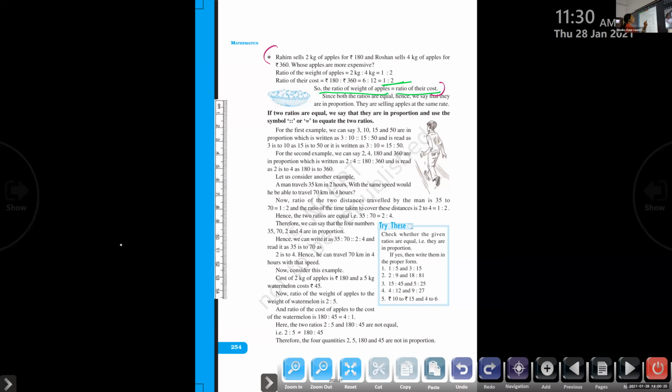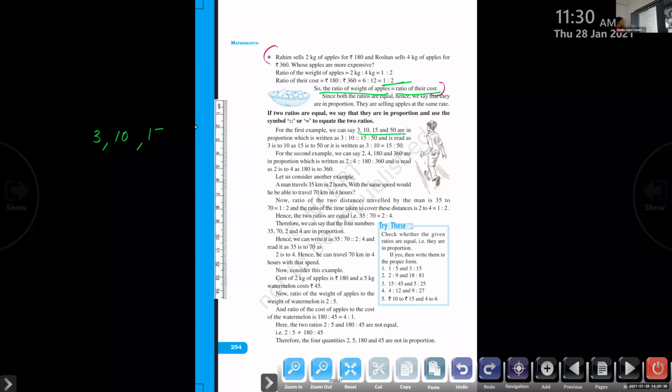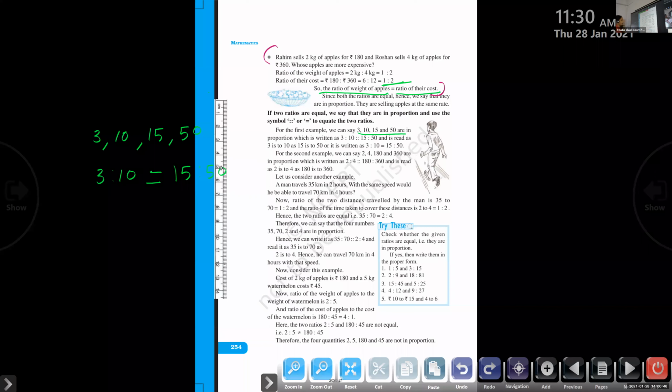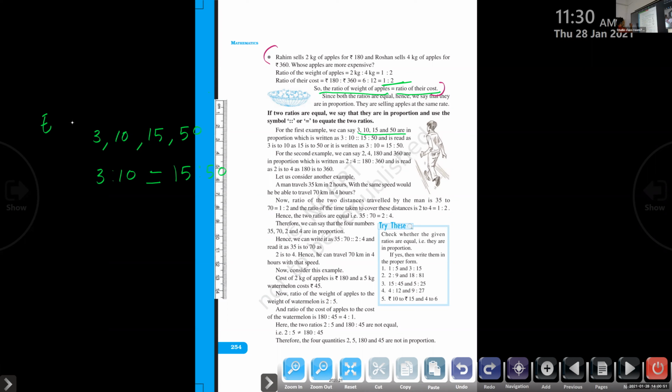So this one we will write with 4 numbers: 3, 10, 15 and 50. Okay, children? 3 is to 10 is equal to 15 is to 50. Correct? Will you write this? Yes, ma'am.